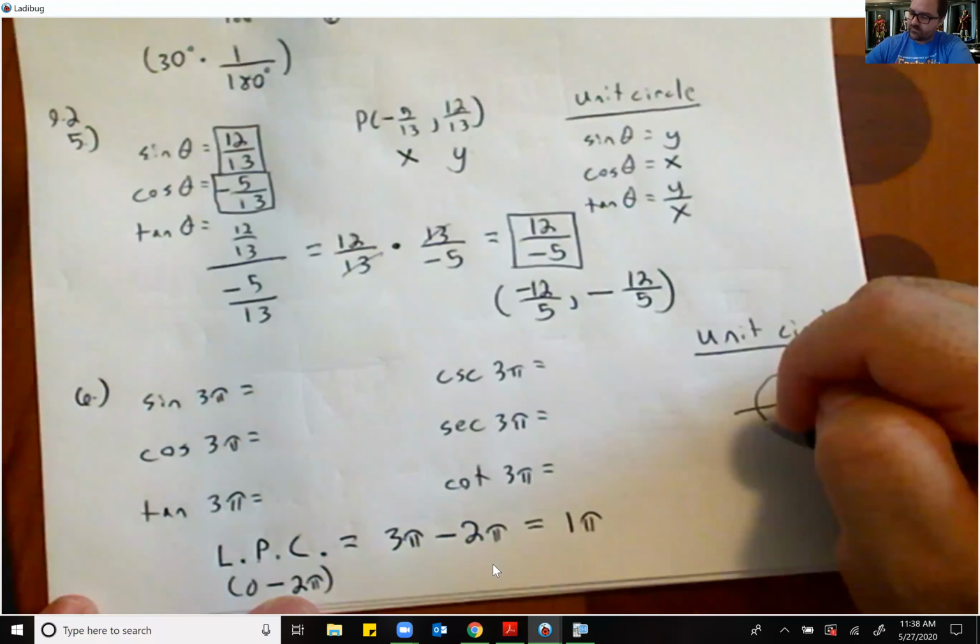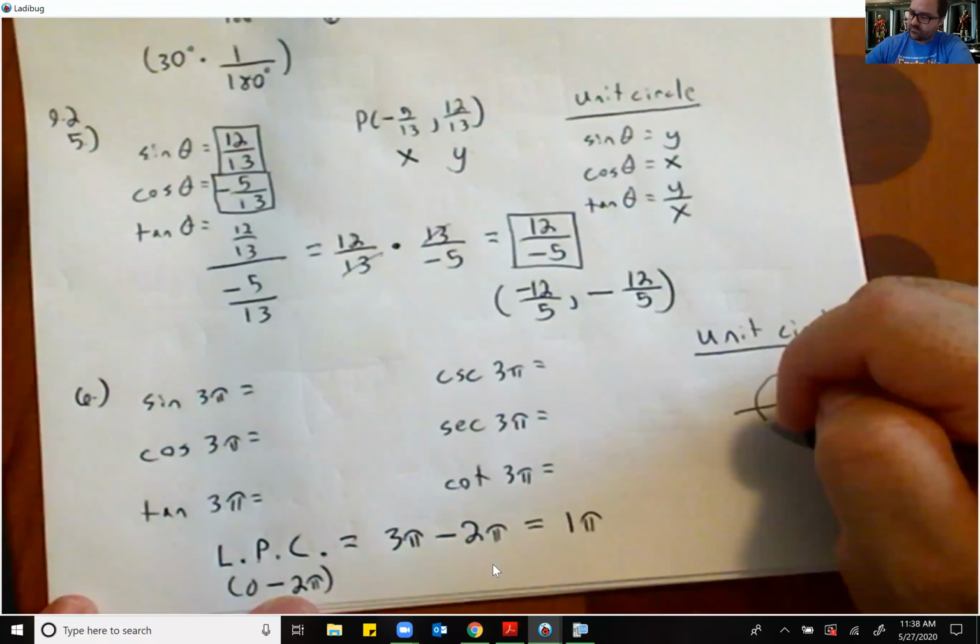All right. Since we are in 9.2 on this one, this is still all about the unit circle. They're telling us that sine alpha is equal to -12 over 13, and that cosine alpha is equal to -5 over 13. They are telling you the point here.